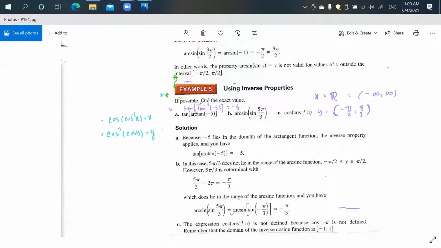Right now, the inside here is x already, so this one is a number, negative 5, so it is correct. In this case, x goes from negative infinity to plus infinity, so okay, because it falls within this domain.